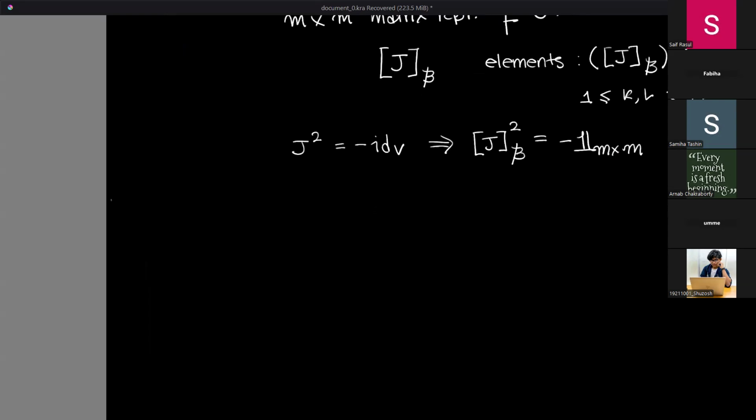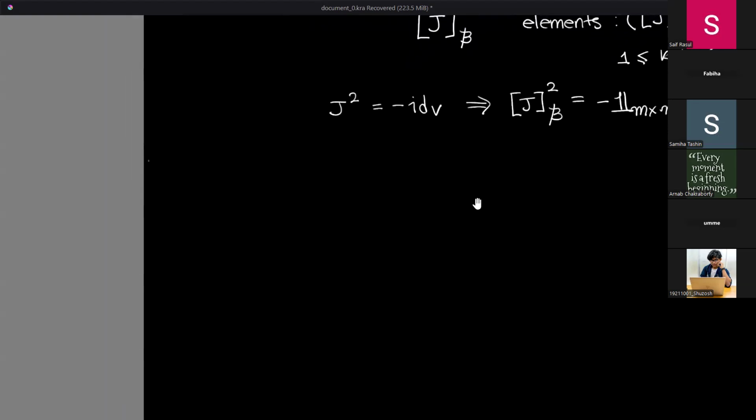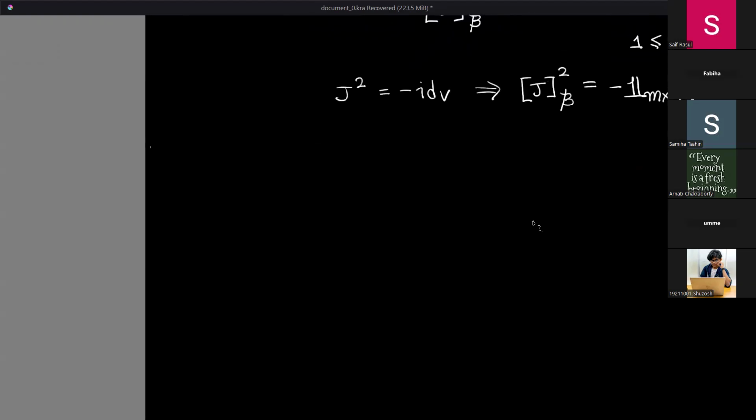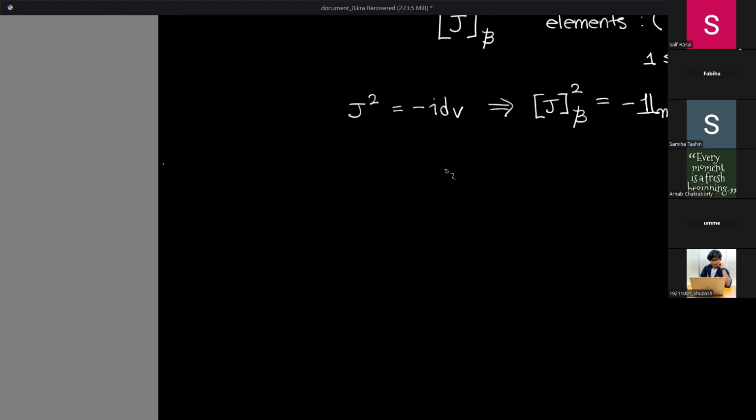Okay, but where after is the matrix representation of J and not J squared? We're going to see what it is in a moment. But from here, we can deduce that the eigenvalues of J squared are minus plus minus i.